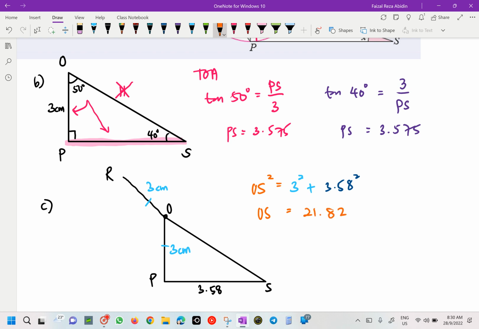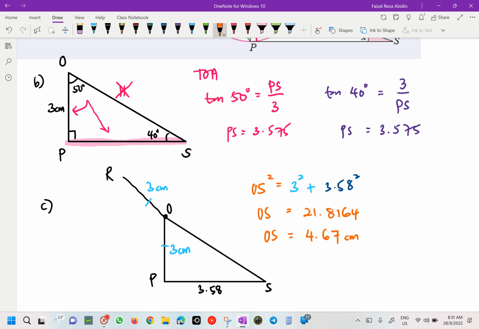Or by using your calculator, you are going to get everything there already. So square root of the answer, I'm going to get 4.67 for my OS. 4.67 centimeter.